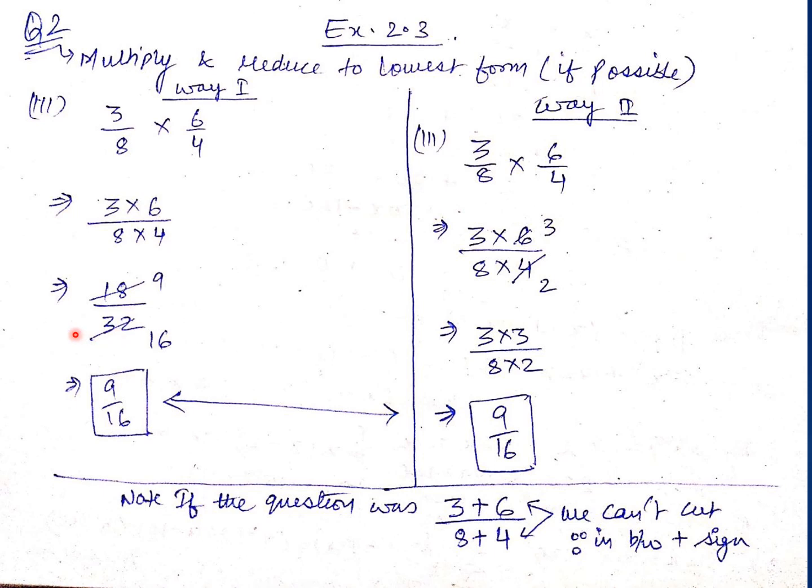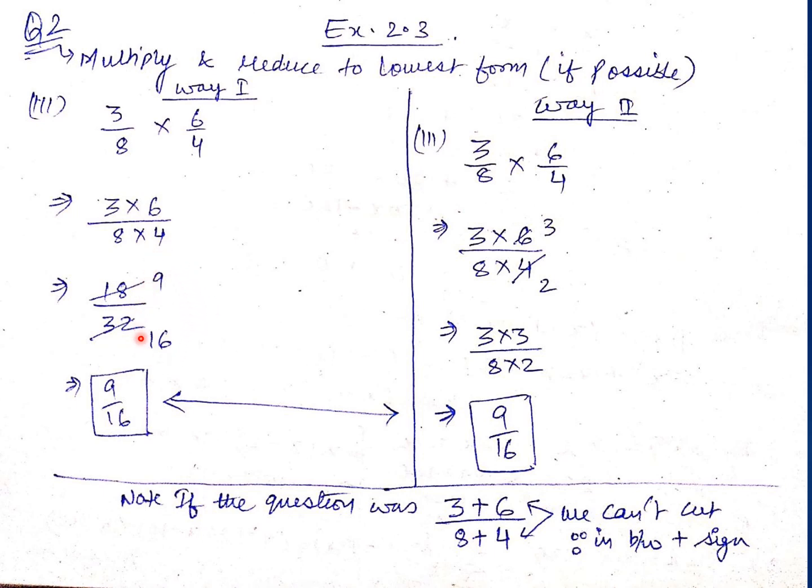So 2 is the common factor which can divide 18 as well as 32. So what will we do? We will cut this by 2. 2 nines are 18, and 2 sixteens are 32. So we have got the form 9 upon 16.